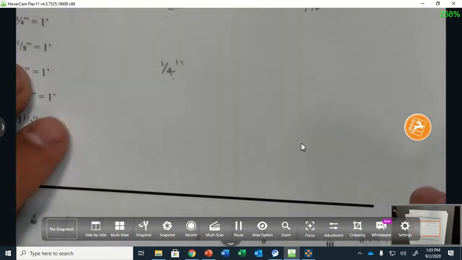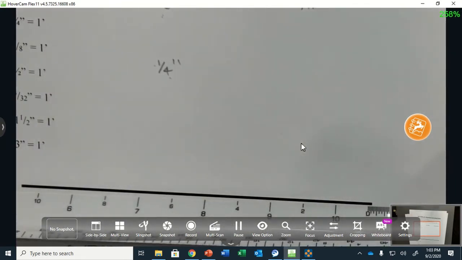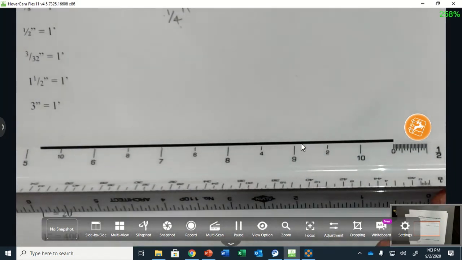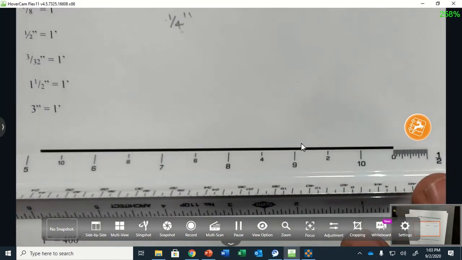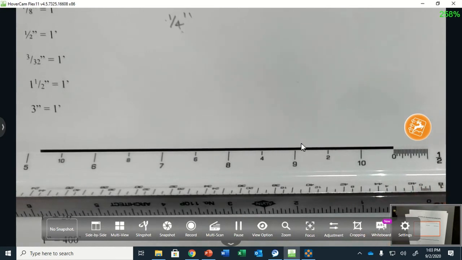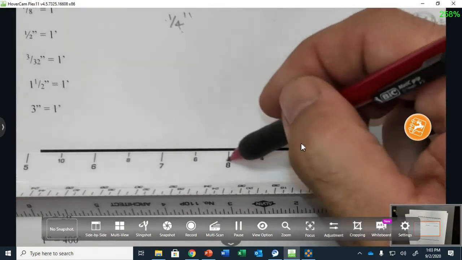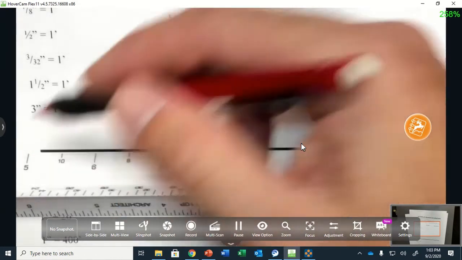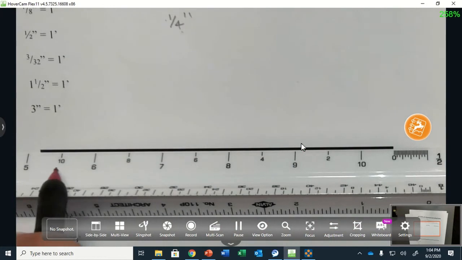Okay, so I start at 0. Make sure you can see what I'm doing here. I start at 0, so I know I have 1, 2, 3, 4, 5, 6, 7, 8, 9, 10, almost to 11. Between 10 and 11.